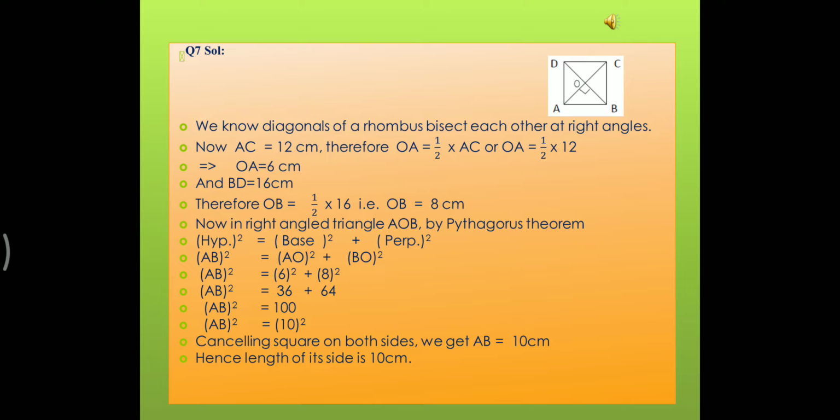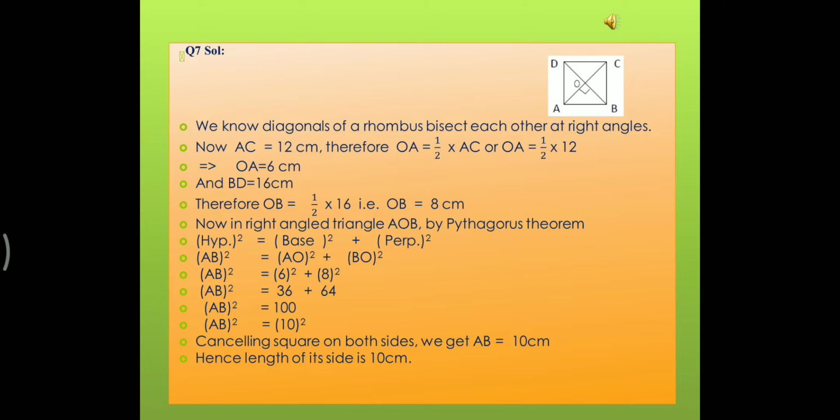OA or OB, we can take any one as base. If we will take OA as base, then simply we have to take OB as perpendicular. Or if we will take OB as base, then simply we have to take OA as perpendicular. But here I have taken OA as base and BO as perpendicular.